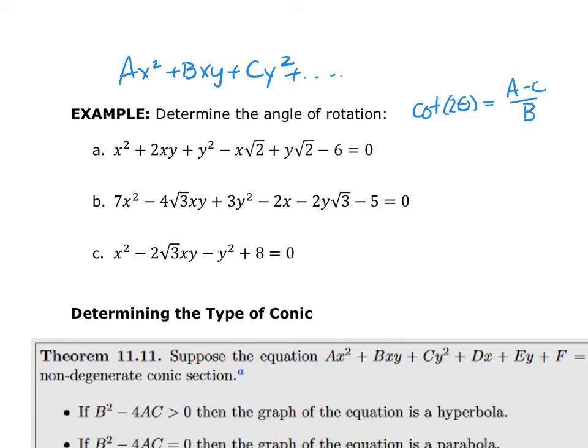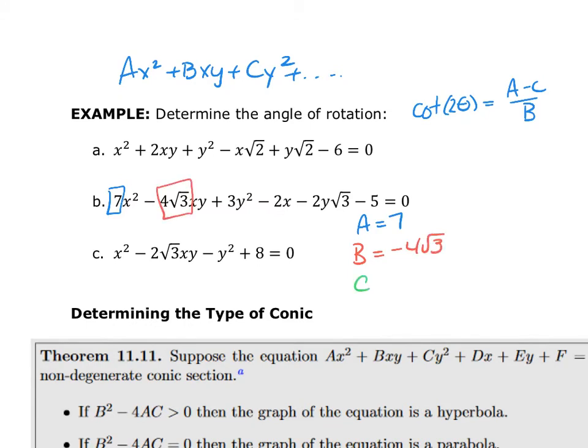Which one of these would you like me to do? A, C, D? B as in boy? Okay. So if I'm doing B as in boy, the first thing I'm going to do is pull off the A. That's 7. I'm going to pull off the B, and that's negative 4 root 3.